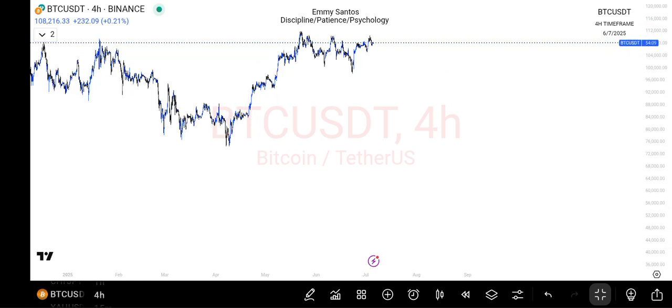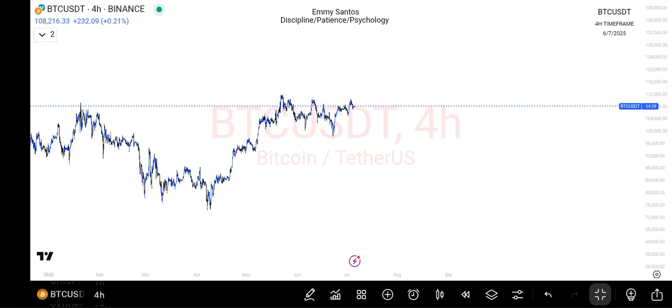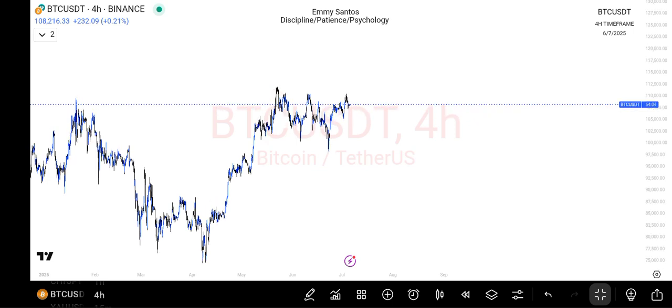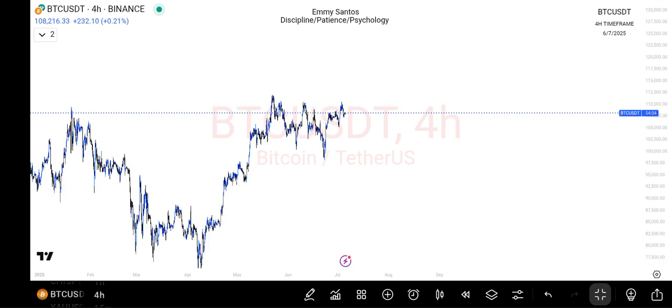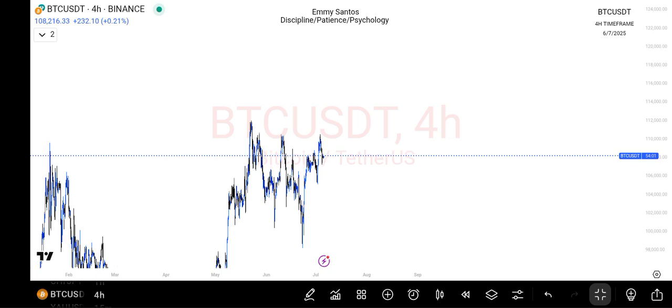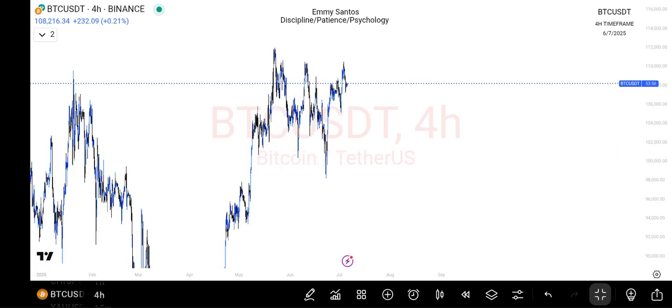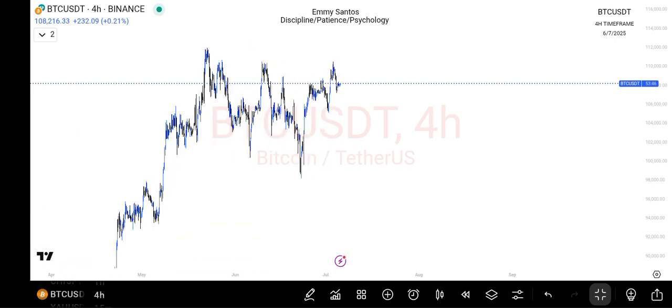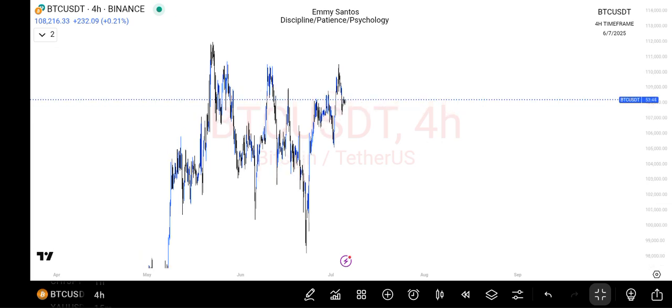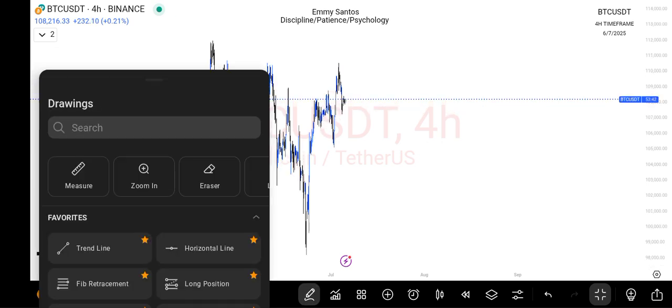Firstly, what I normally check is the current market structure. Before marking a point of interest in the market, you first look for a break of structure. So this is our break of structure.